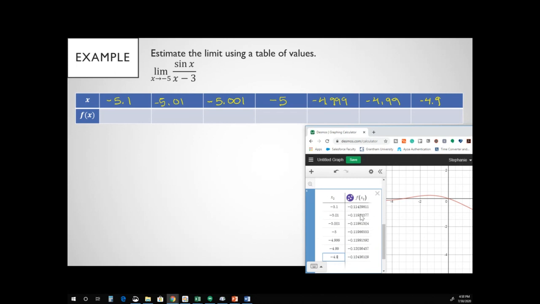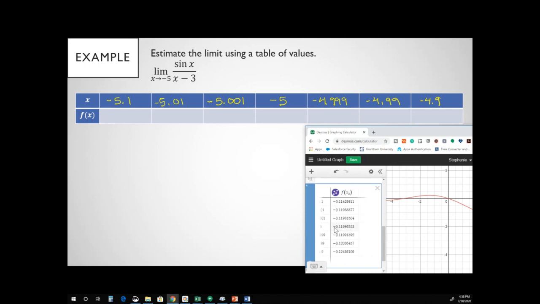So it seems like these numbers are getting smaller, but there's nothing unusual. They just keep getting smaller and smaller, closer to negative 0.124 or whatever. So when you have something like this and the numbers are all in a line, then when you approximate your limit, you can approximate it as the actual value at negative 5.